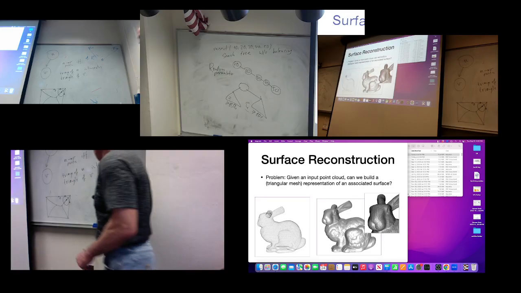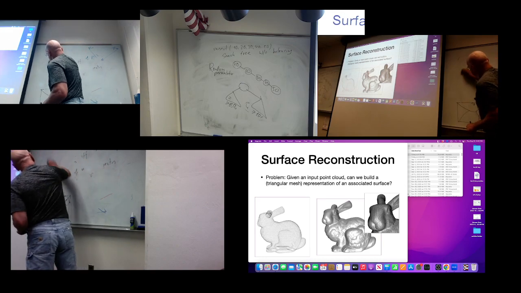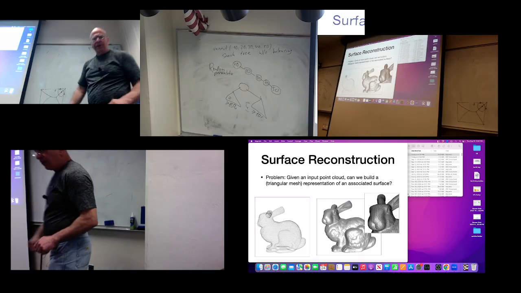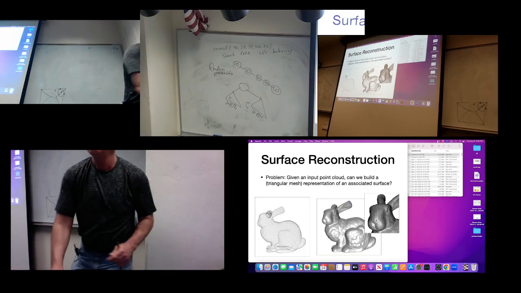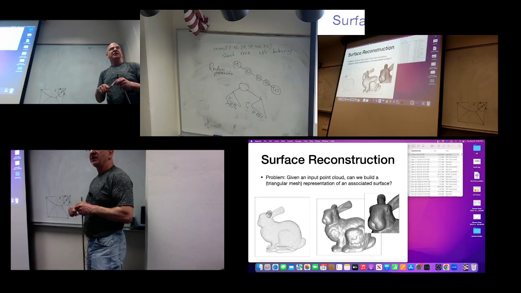And reliably can mean a few things. Reliably can mean that geometrically the shape, the surface, the skin that I reconstruct is close to the original shape, but it can also mean that topologically you are correct.